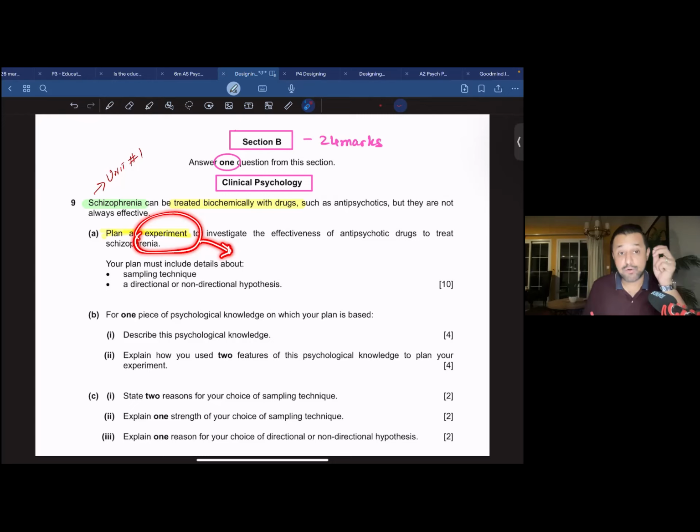Remember, when we talk about an experiment, the first thing that should come into your mind are the features or the characteristics of an experiment that I had shown you. For instance, we know that an experiment has to have an IV and a DV. We need to be sure about the type of experiment we're using. We need to know what controls we have used over here.